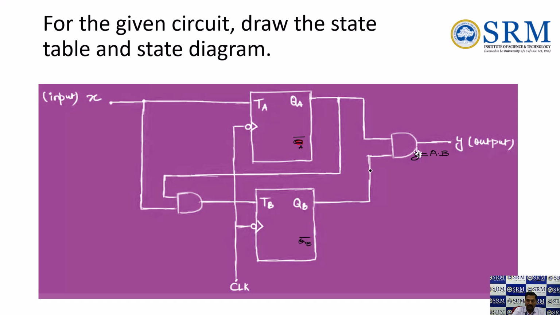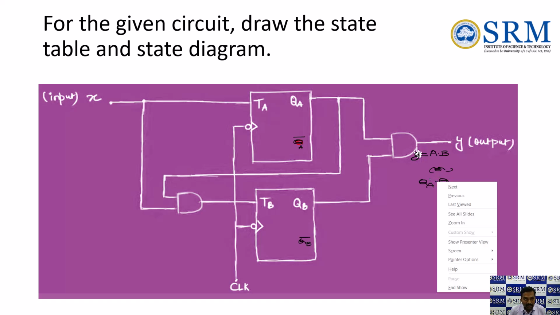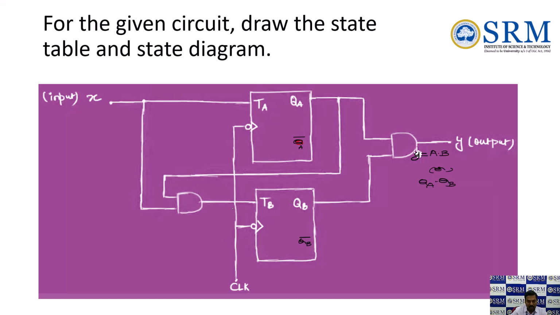Y is equal to AB, or in some books it is written as QA into QB; both are right. I am considering it as AB. Now let us analyze the inputs part. For TB, what are the inputs?